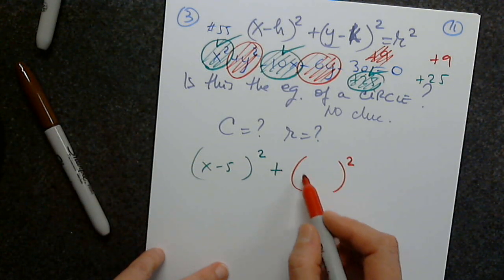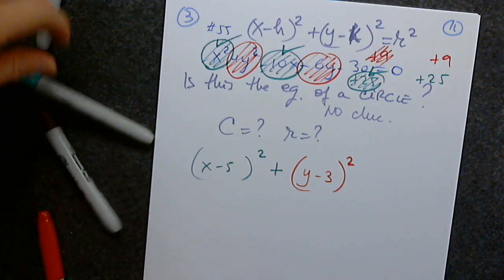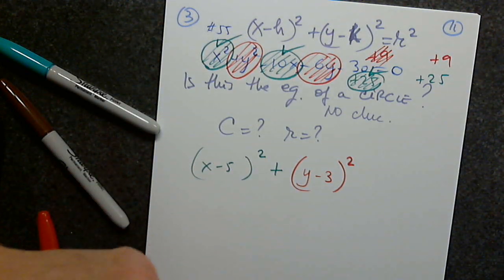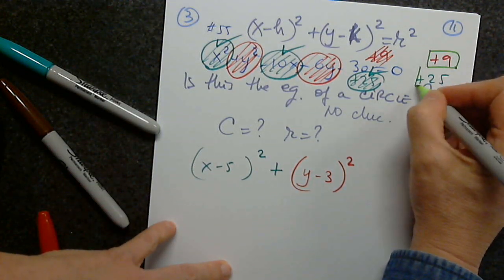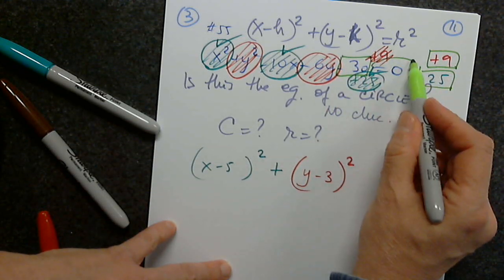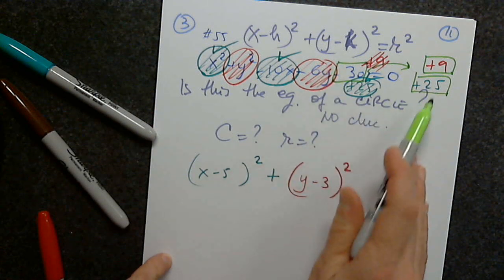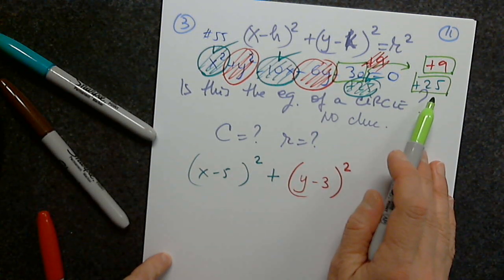It must be y minus 3, right? There is nothing else. So now let's see what we have not used yet. I have not used this, this, and this, which has to be transferred to the other side. So a 30, a 25, and a 9.